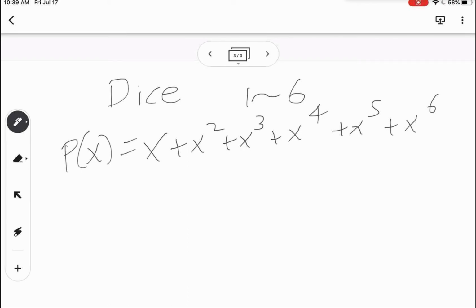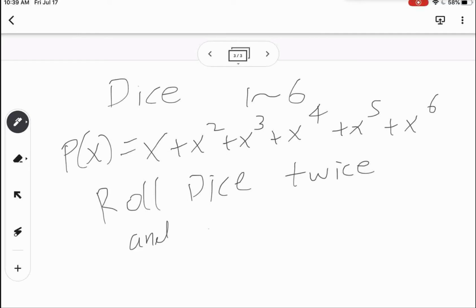So one of the main uses of generating functions is that if you do some generating function twice, as in you roll a dice twice, and then you add the numbers, how do you compute the number of ways to get some number like 7 or something?